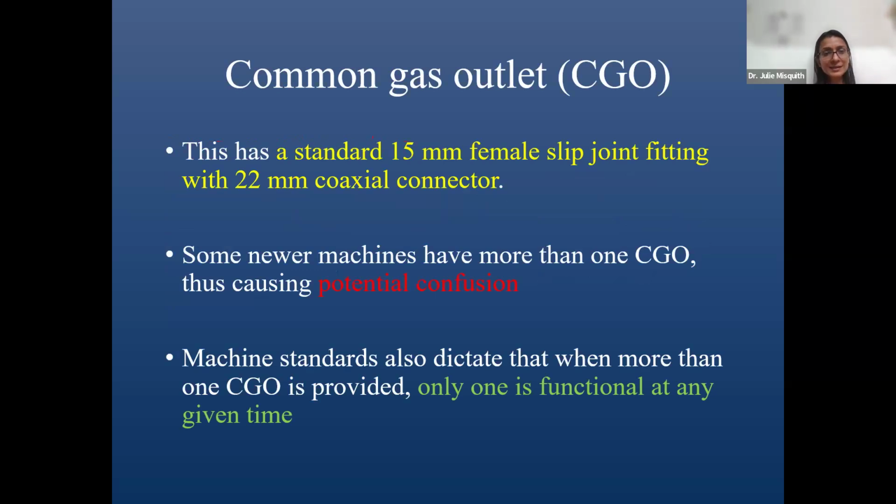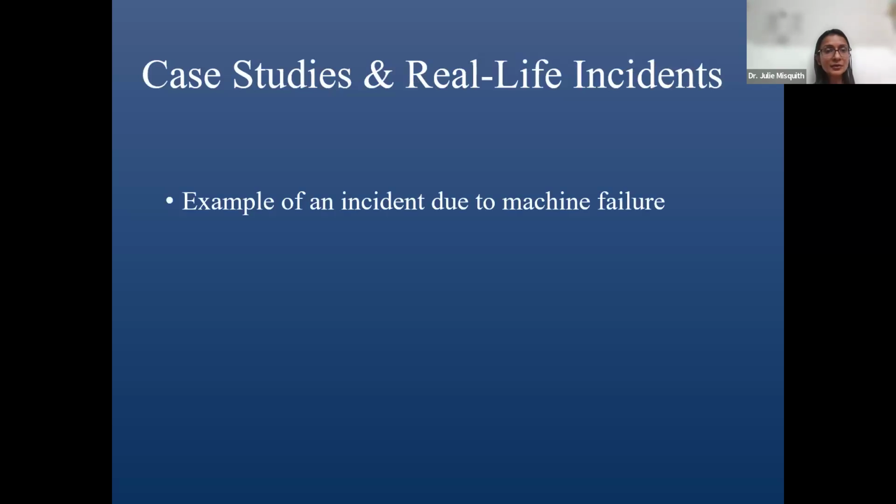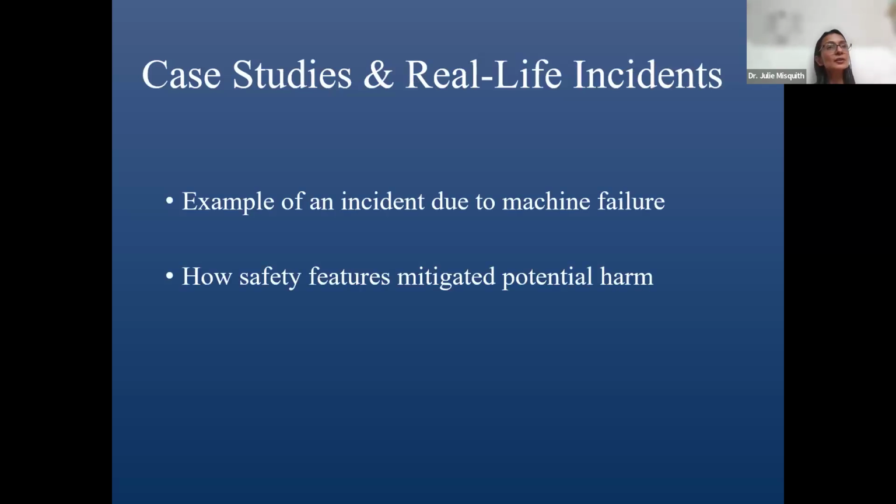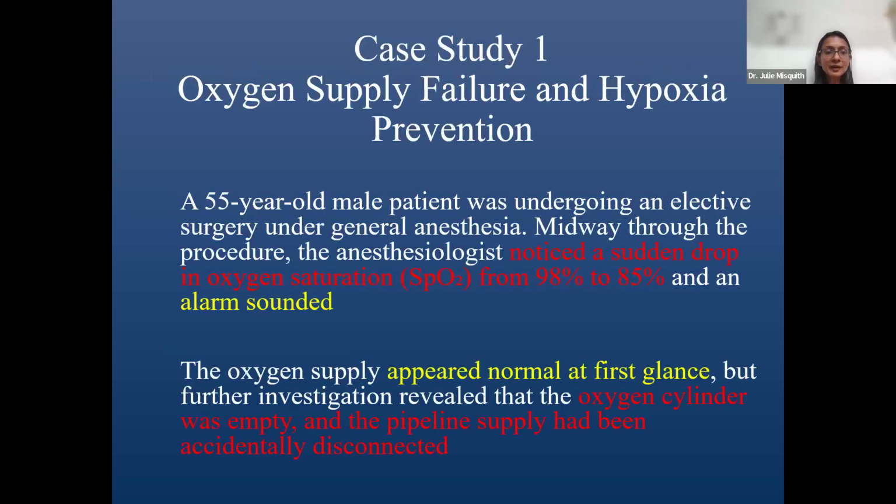Now, I'll just give scenarios of an incident due to machine failure, how safety features mitigated the potential harm, and what the lessons learned from past experiences are. In this case study, a 55-year-old male patient was undergoing an elective surgery under general anesthesia.